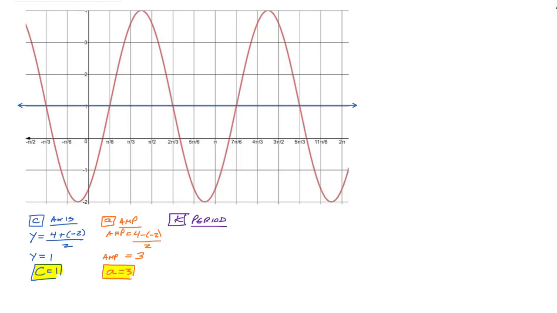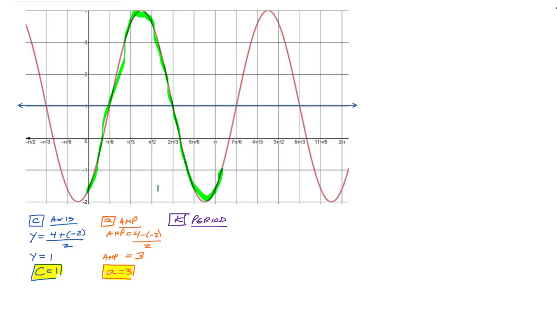So I always just start at 0. There's 0 on my y-axis. How long does it take? Okay, so I'm just going to start right here. I go up, down, and back. There we go.